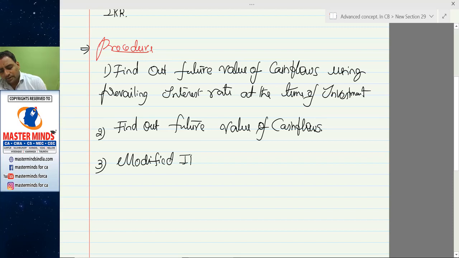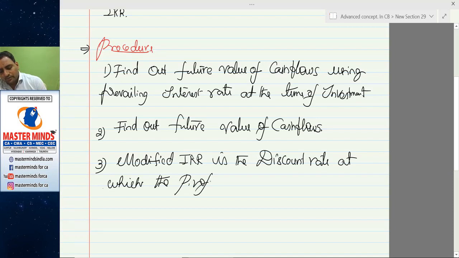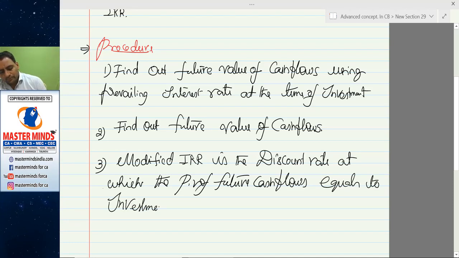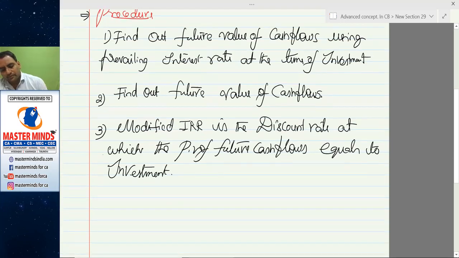Modified IRR is the discount rate at which the present value of future cash flows equals the investment.